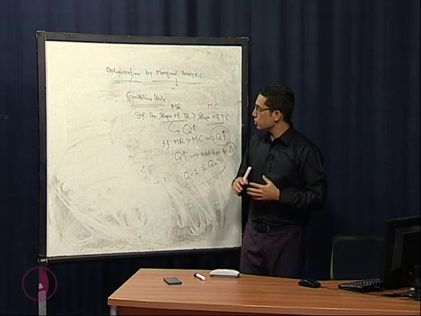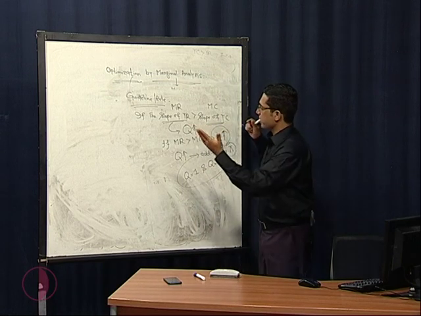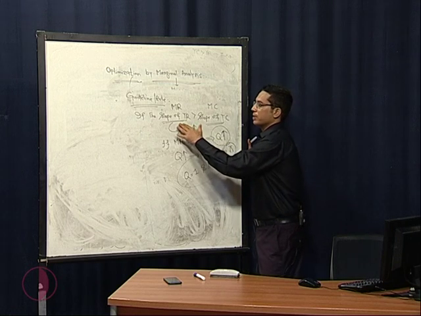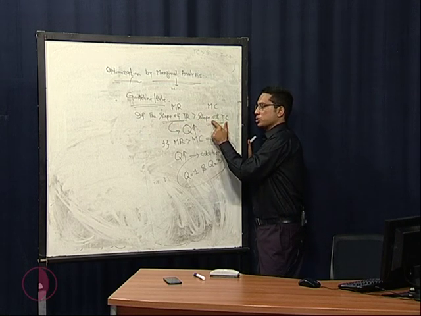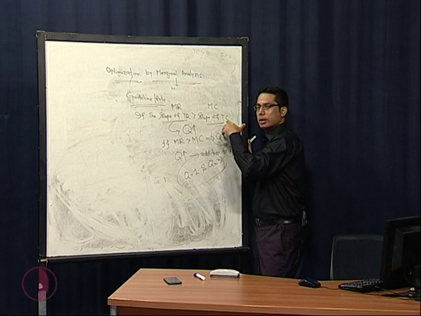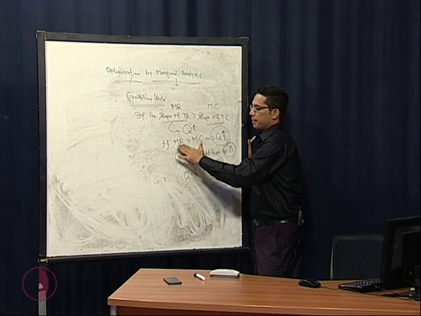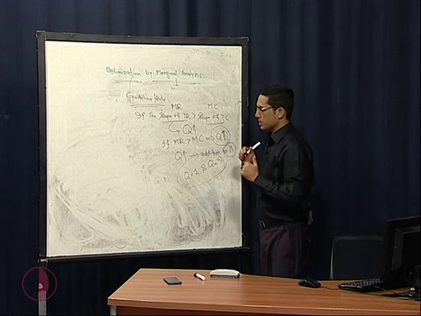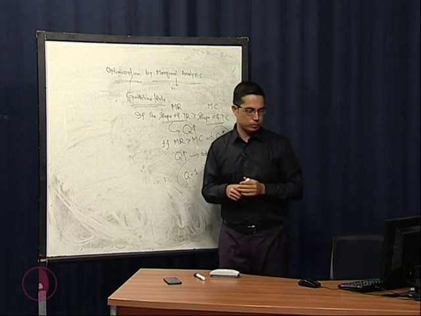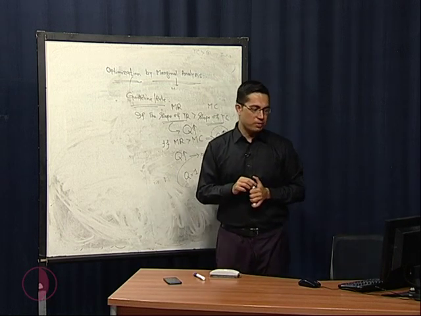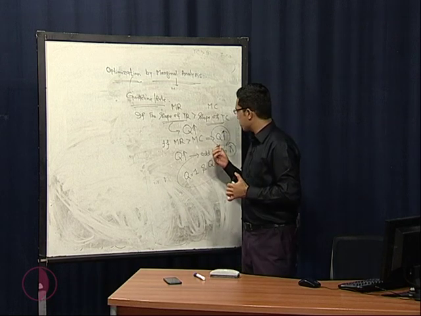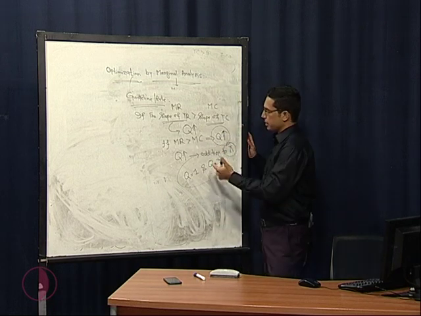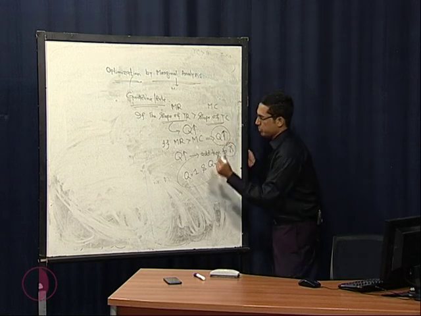Vice versa, if the slope of total revenue is less than the slope of total cost, or if marginal revenue is less than marginal cost, what will happen? The firm would be adding less to its total revenue.